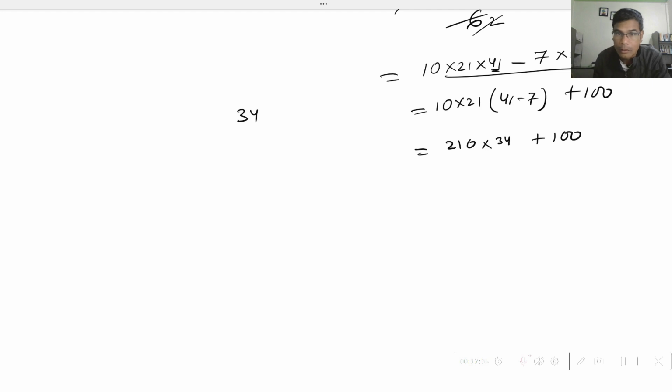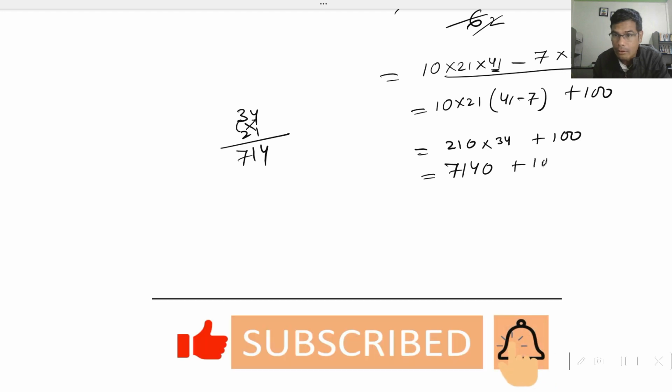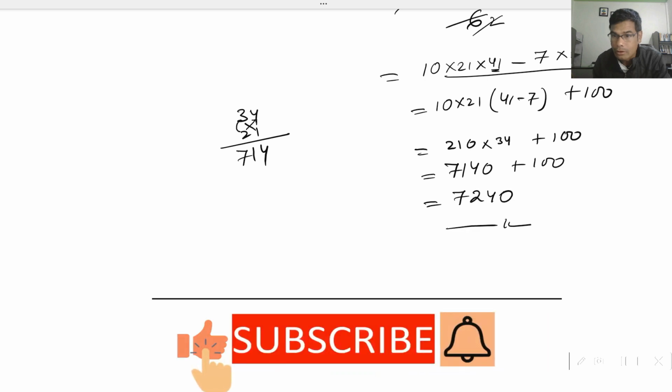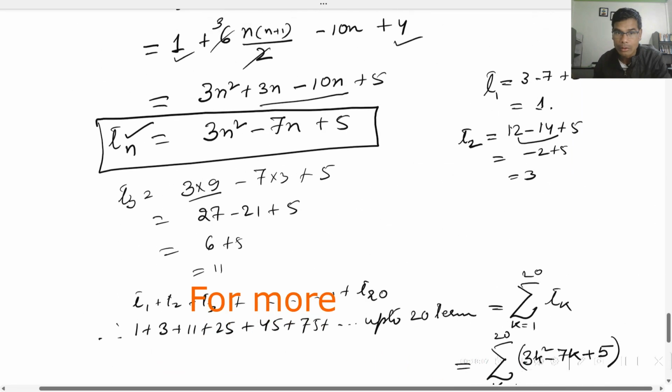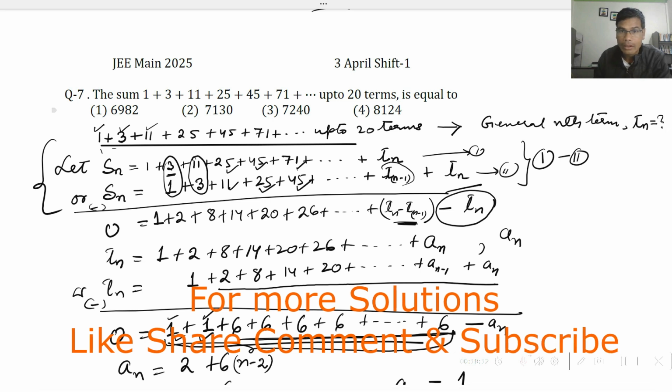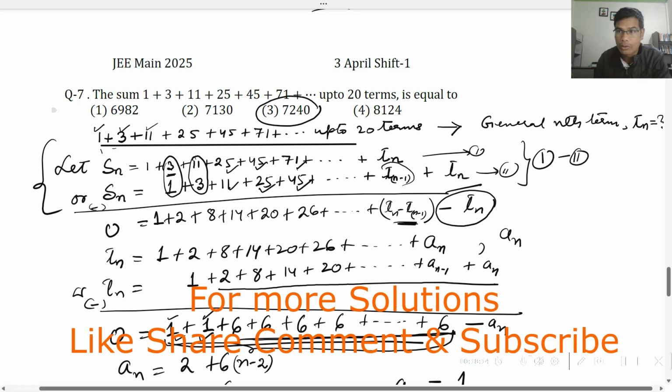So 34 multiplied by 21 is 714, so 210 times 34 is 7140 plus 100, which is equal to 7240. So let us see, do we have this option or not? 7240. So yes, we have it, which is the third option.